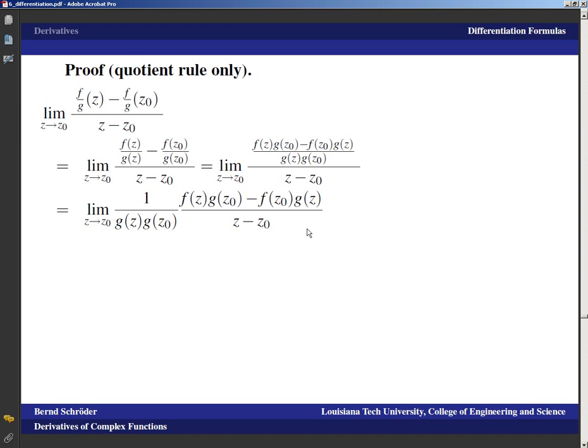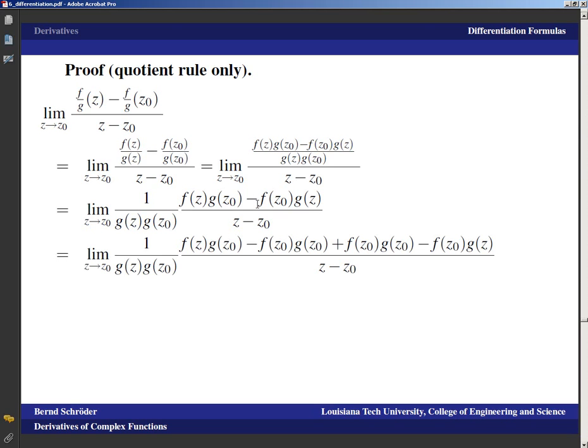I mentioned in the previous presentation that when that happens, it helps to add and subtract a mixed term, and that's exactly what we're doing in the next step. So this looks quite big, but we kept the 1 over g(z) times g(z0), kept the f(z) times g(z0), kept the minus f(z0) g(z) here, kept the division by z minus z0.